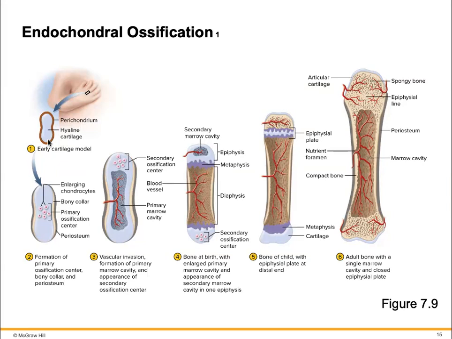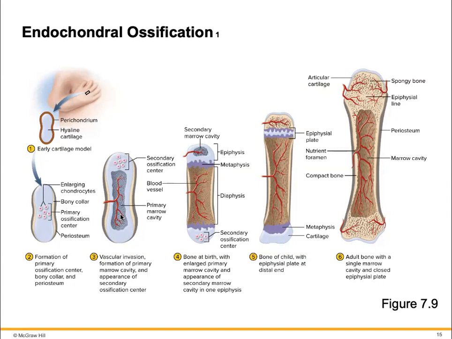And then as cartilage cells mature, those chondrocytes will start to increase in size, and each cell is surrounded by this thing called a lacuna. The lacunae will start to essentially fuse together and create a marrow cavity. In this marrow cavity, you also have a blood vessel infiltrating, and the blood vessel is able to bring in osteoclasts, which we've already talked about where osteoclasts came from.